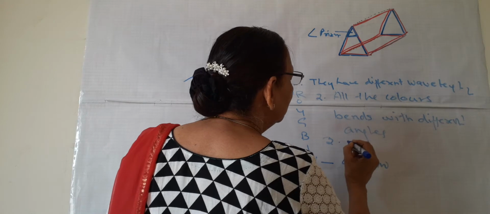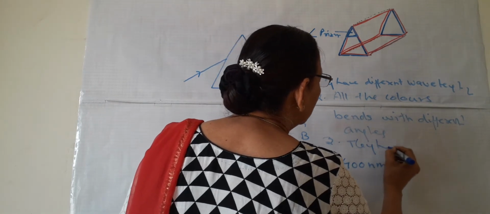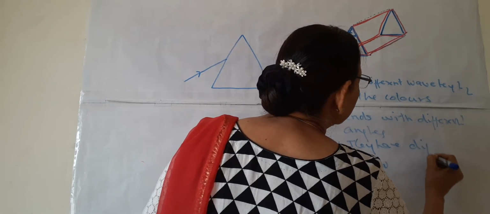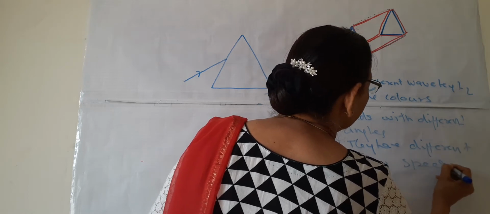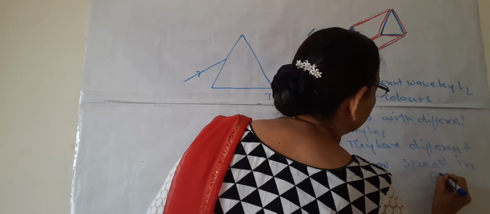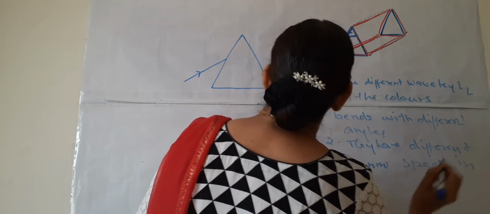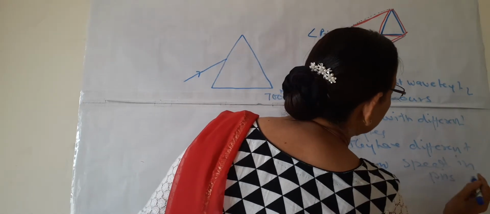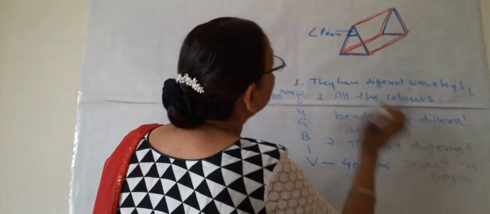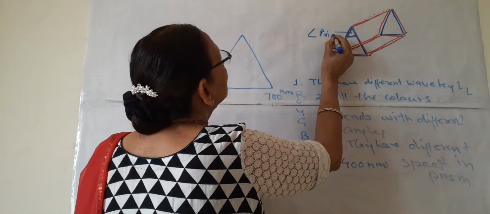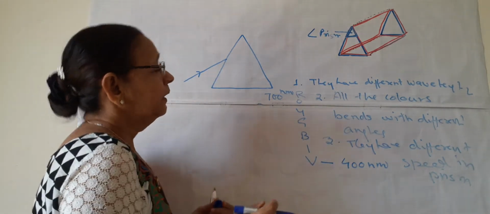And third, they have different speeds in prism or glass. It should be S, not Z. I have written Z, I think. It should be S, I think, not Z.